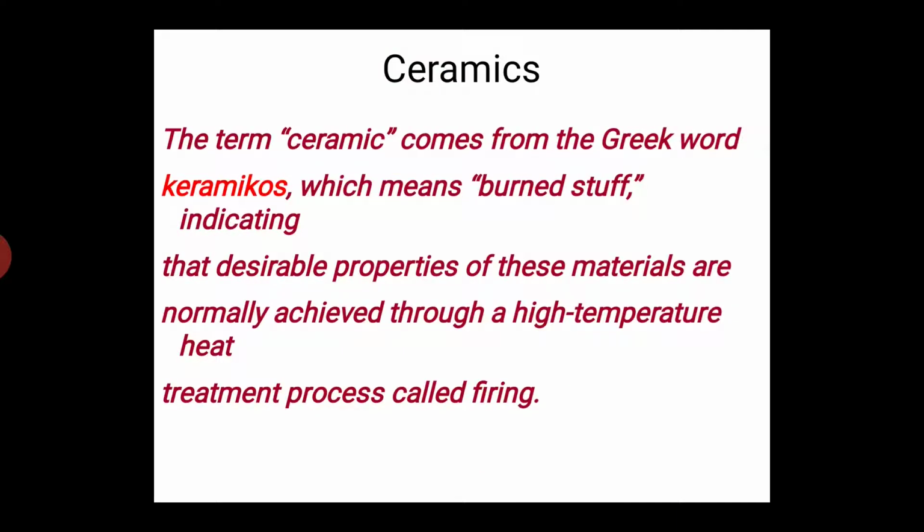This is the history of ceramic. The word ceramic comes from the Greek keramikos, which means burnt stuff. So we can say that bricks are also treated as a ceramic material.